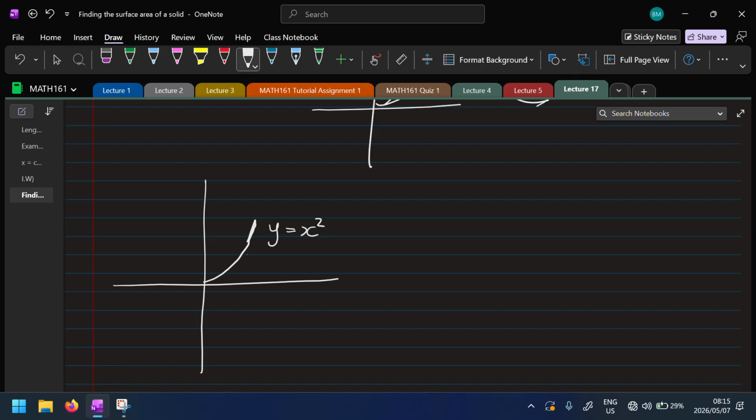We're going to rotate this around the axis like we did for the volume. Since it's a 1D curve and not a region, when we rotate this around, it's not going to be a solid, it's going to be a surface. So we're only interested in the surface area here, shaded in pink.